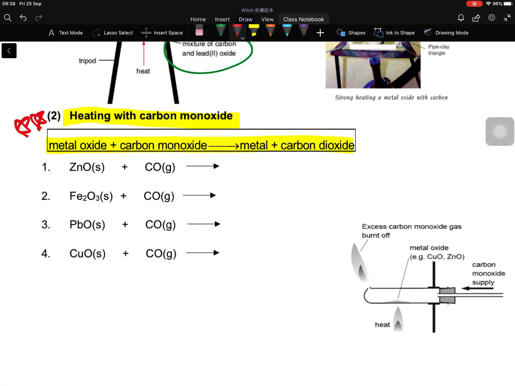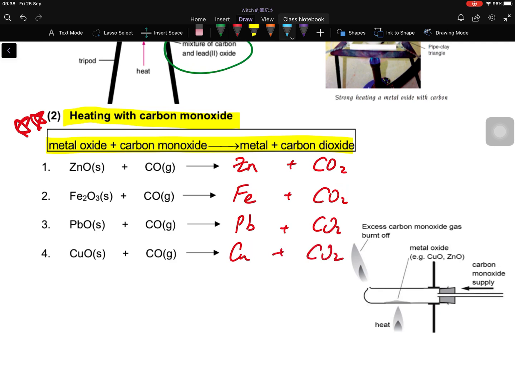With this idea, first again we copy everything down. And of course the physical state.